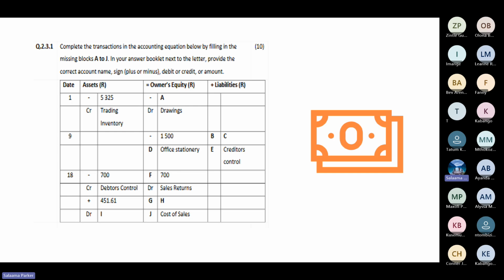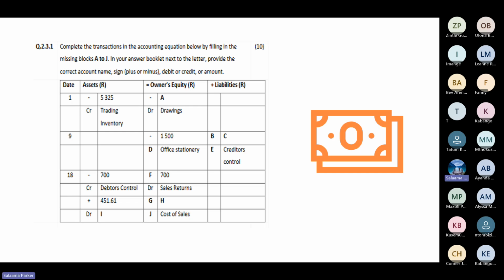So again, what are we going to put for C? What will the answer be there? What symbol will it be? You see you have to show the pluses or minuses, or the debits or credits, or the amount, or provide the correct name of the account, the contra account's name.